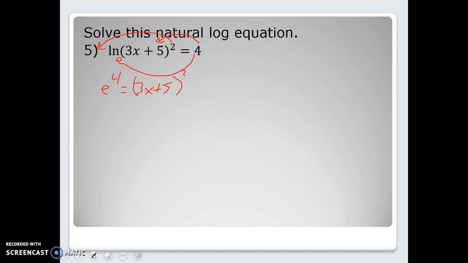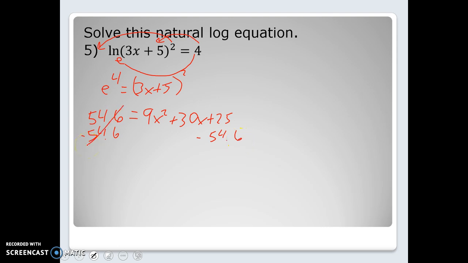We have e to the fourth power, which is 54.6. And then if I take 3x plus 5 and square it, I'll have 9x squared. I'll have two 15x's, which is going to give me 30x plus 25. And I want to get this equal to 0, so I'm going to subtract 54.6 from both sides.